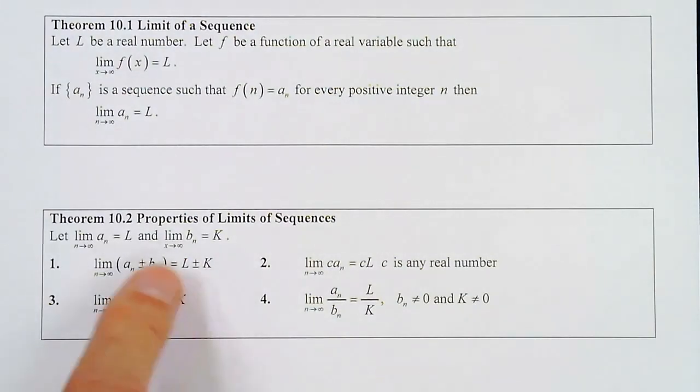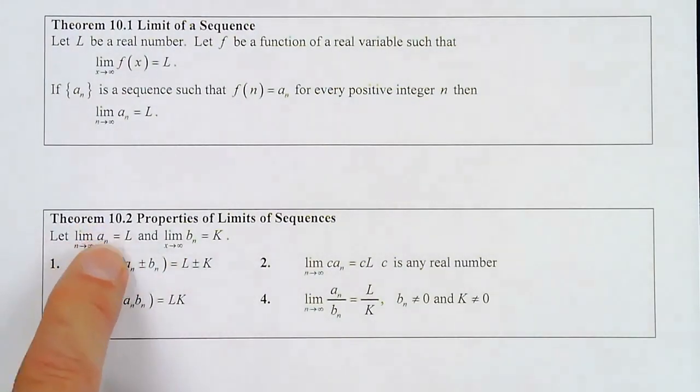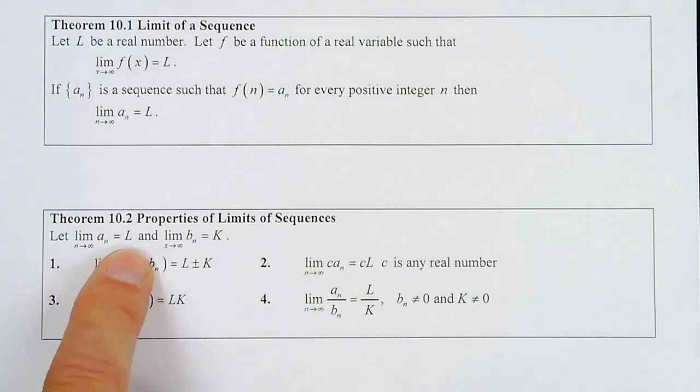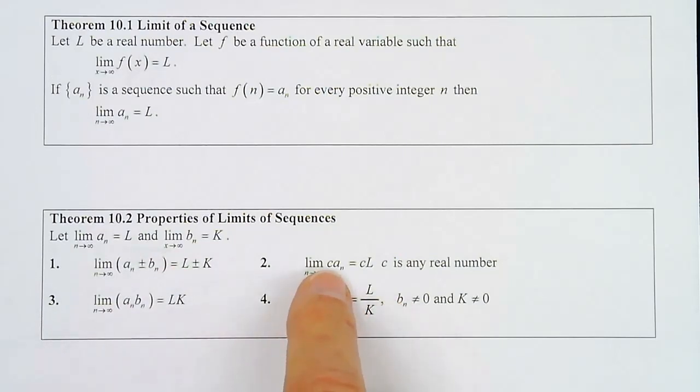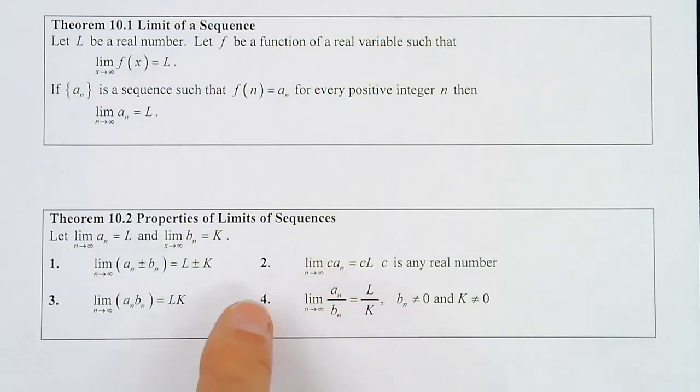And then these properties, if we know one sequence, the limit as n goes to infinity is L, and another sequence is K, then this is just like other limit properties. We can take the limit of each one individually and add or subtract them together, okay? Same thing here. If we have a constant C times a sequence a sub n, then what we can do is multiply that constant times the limit as n approaches infinity.